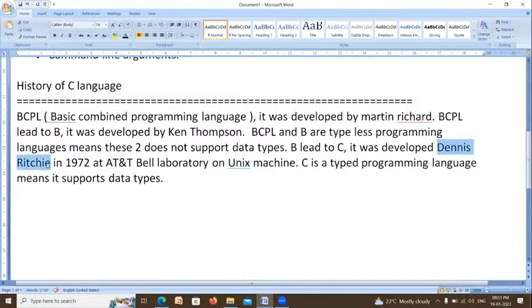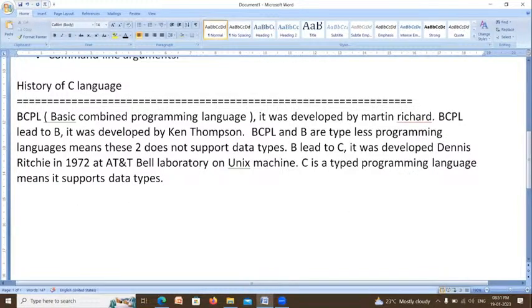He is the developer. C was developed in the year 1972 at AT&T Bell Laboratory on Unix computer, on Unix machine. Actually, C is a typed programming language, means it supports data types. Clear?